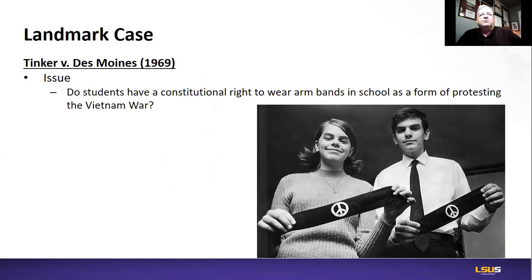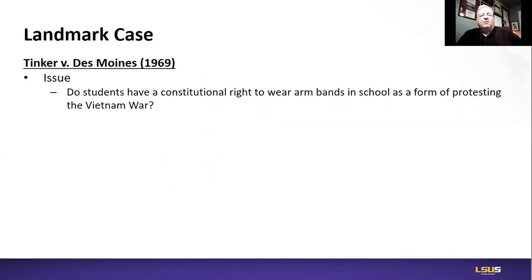So the young man, John Tinker, who's 15 years old, and Christopher Eckart were two of the folks that were involved. Mary Beth is John's sister. She's in the picture. But what these students did is they just wore the armbands. Didn't cause any disruption. They just wore these armbands.